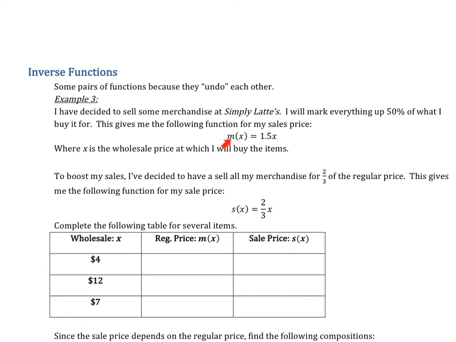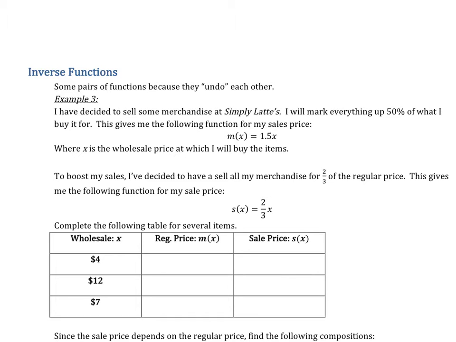So my sales price, I'll call it M of x for my merchandise, is equal to 1.5 times x. All right, so I'm going to sell it for 1.5 times as much as I buy it for. X is the wholesale price. Let's think of it that way. All right, so to boost my sales, I'm going to have a big discount to get things rolling here, and I'm going to sell my merchandise for 2/3 of the regular price.